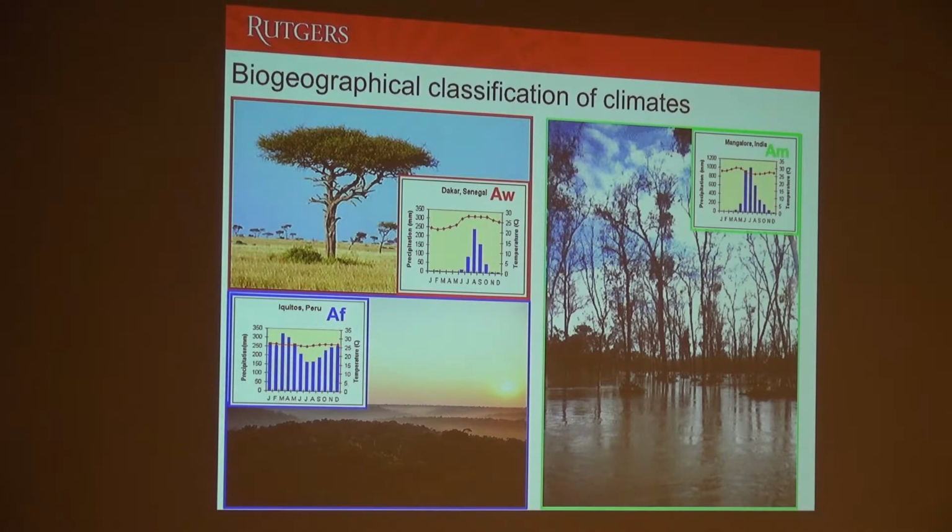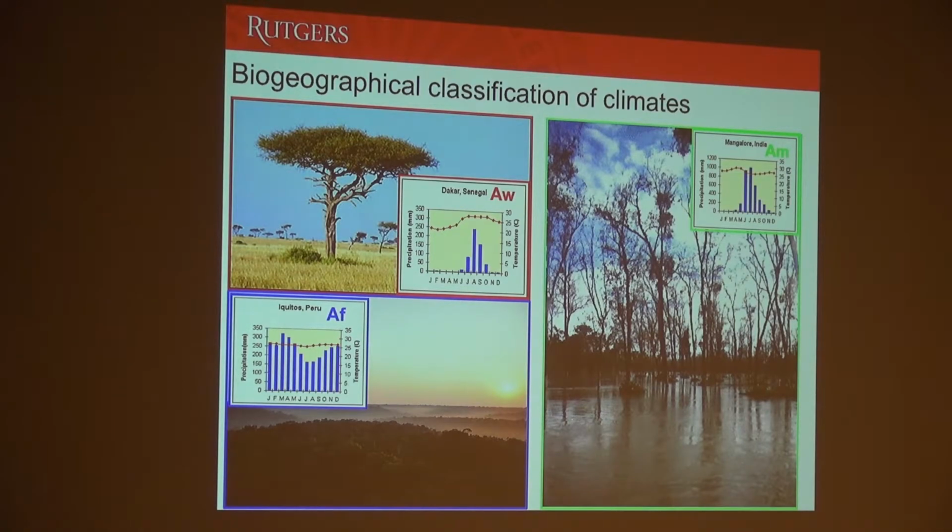You can see that the rainfall for this particular site, which is in Senegal, has a very strong northern hemisphere summer peak, and outside of that time period very little rainfall occurs there. The vegetation to a large extent reflects that seasonal evolution.